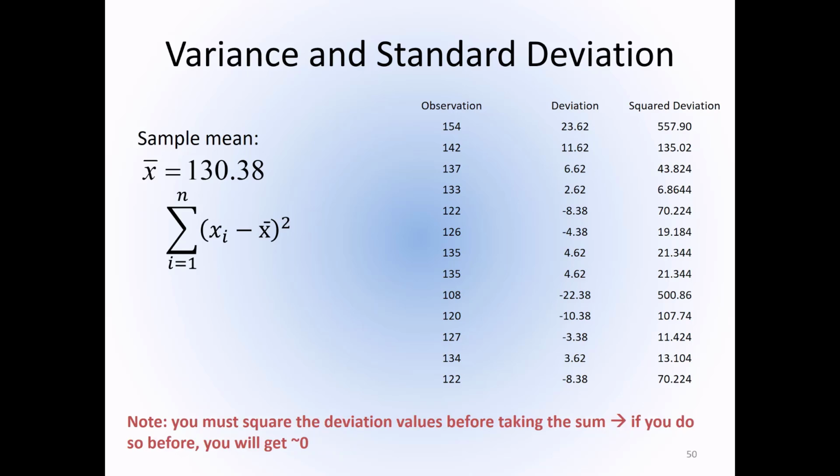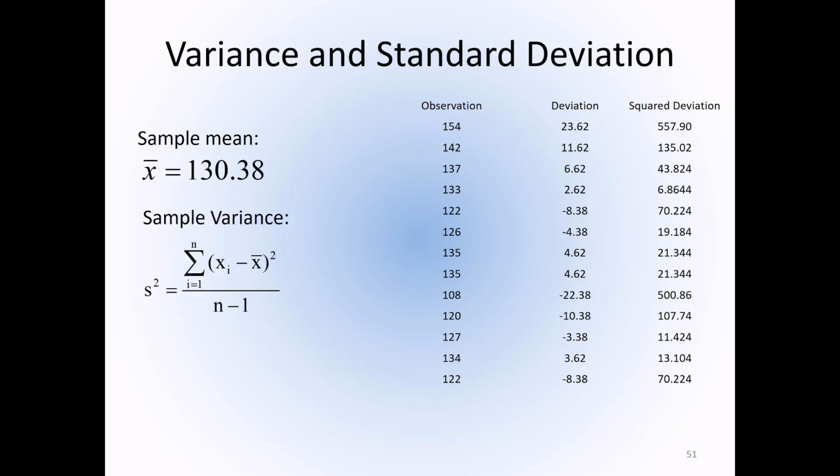Another key point here is that following the order of operations is going to be key. You want to make sure that you square these deviations before you take the sum. If you take the sum and then square it, your value is going to be really close to, if not equal to, 0, and that's not going to be accurate. After you get the sum of squares, the summation of this squared deviation column, you'll divide it by the number of observations minus 1.